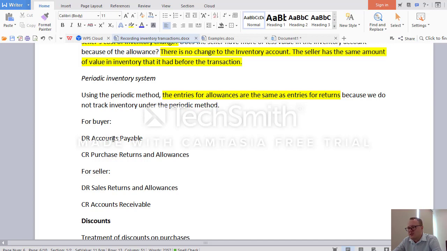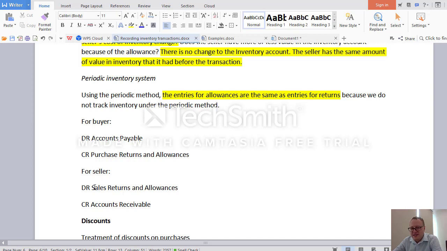He needs to pay a smaller amount, and the difference will go into here. So his accounts payable will be reduced somewhat, right? And his purchases, his purchase expense, will also be reduced somewhat. So this is a contra expense account, having a normal balance of credit.